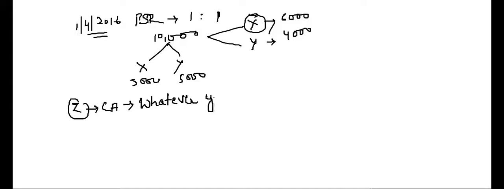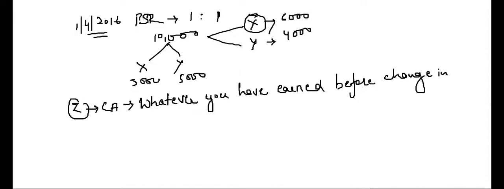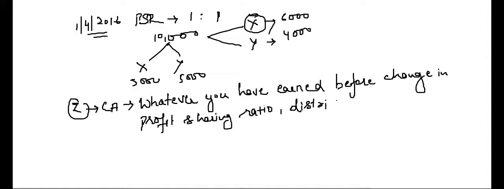Z says, whatever you have earned before the change in profit sharing ratio, distribute everything among yourselves in the old ratio.